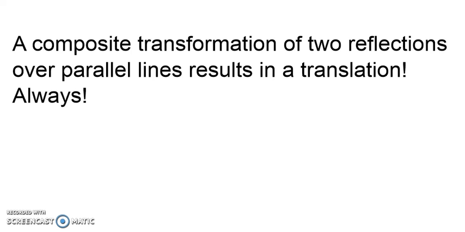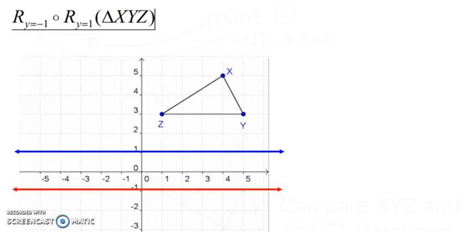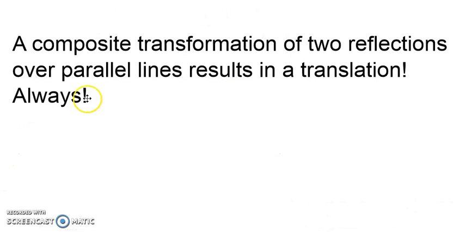So the final thing that I want you to write in your notes is that, and back to the 2 lines which I asked you about earlier, you should have noticed that these 2 lines are parallel. They both have a 0 slope. They're horizontal lines, so they're actually parallel lines. And so something that we need to note is that if we are doing a composite transformation of 2 reflections over parallel lines, we can always do this in one translation.